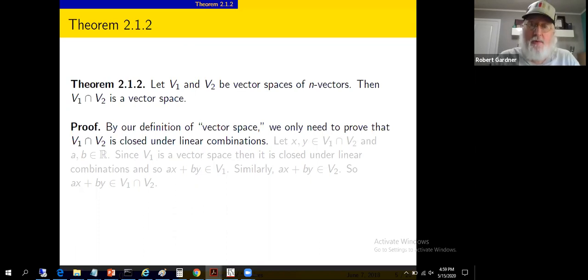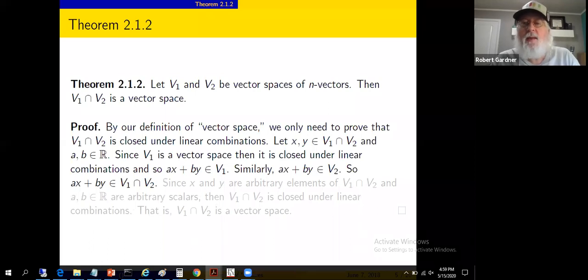Take two vectors, x and y, in the intersection, and take a and b to be scalars. V1 is a vector space, so we've got closure under linear combinations. That is, ax plus by will be in V1. Ax plus by will be in V2 similarly.